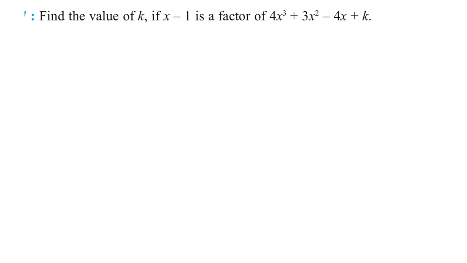Okay, let's try this. Find the value of k if x minus 1 is a factor of this polynomial 4x cubed plus 3x squared minus 4x plus k. Now remember one thing. Whenever you read a problem, just don't jump into solving it.